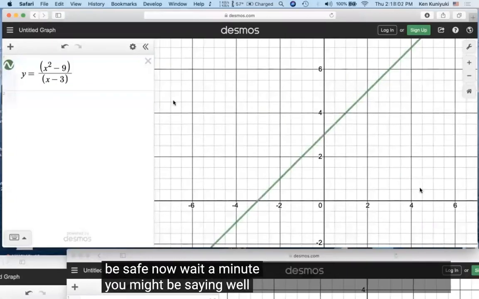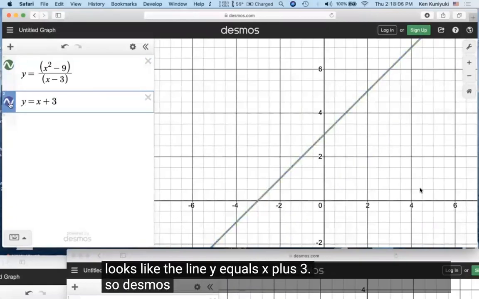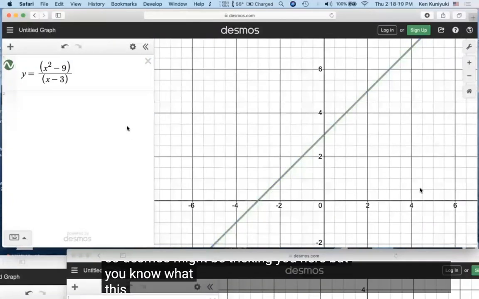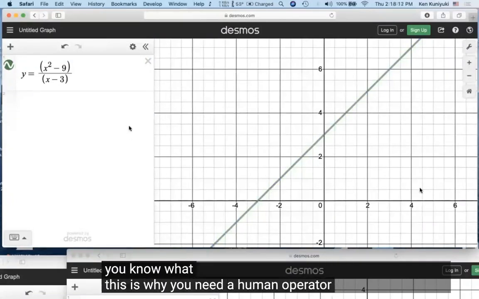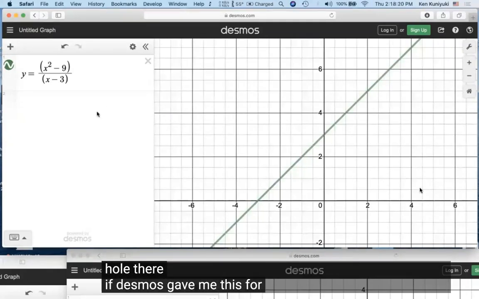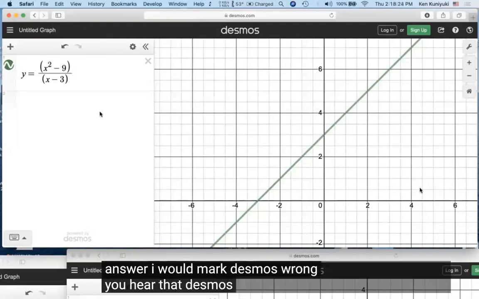You might be saying, well, hey, this just looks like the line y equals x plus 3. So Desmos might be tricking you here. But you know what? This is why you need a human operator. Desmos is not being honest with you. Desmos really should be clearly indicating a hole there. If Desmos gave me this for a homework answer, I would mark Desmos wrong. You hear that, Desmos? I would mark you wrong.